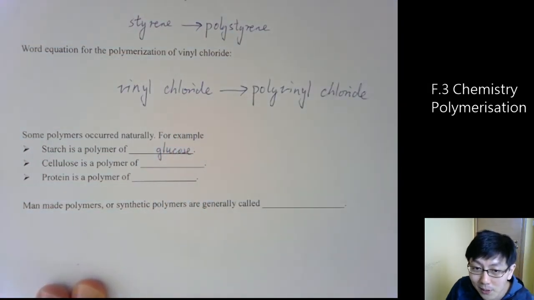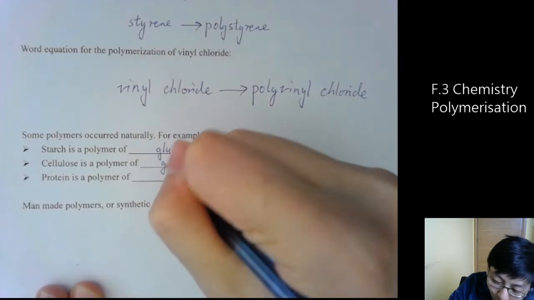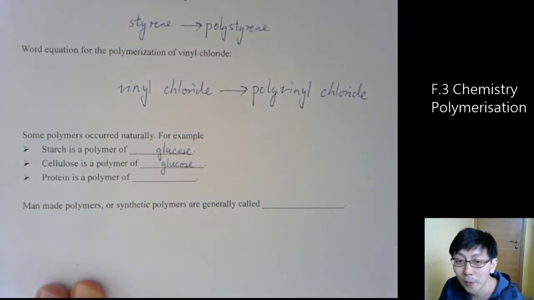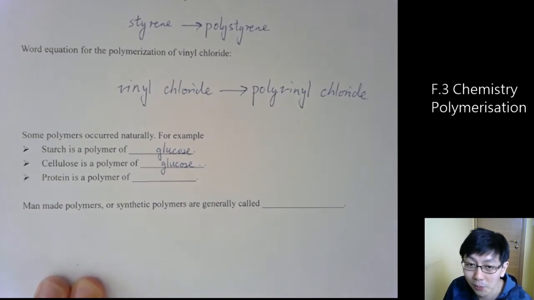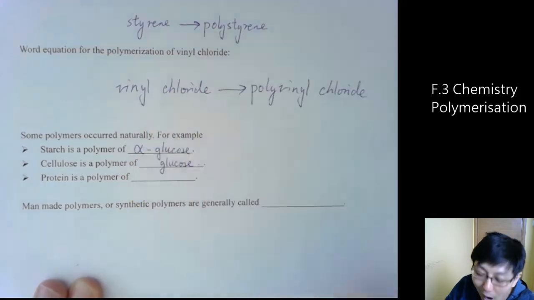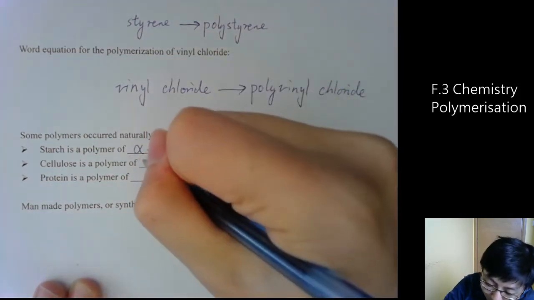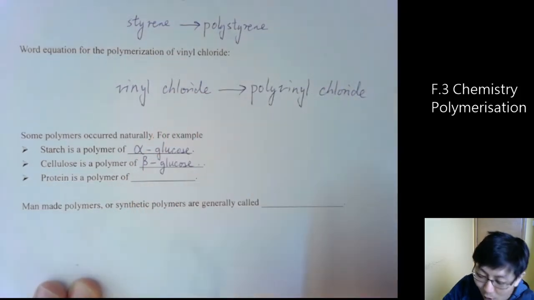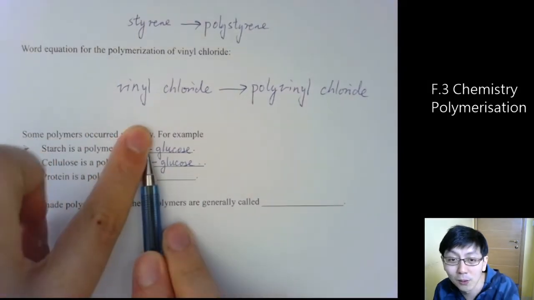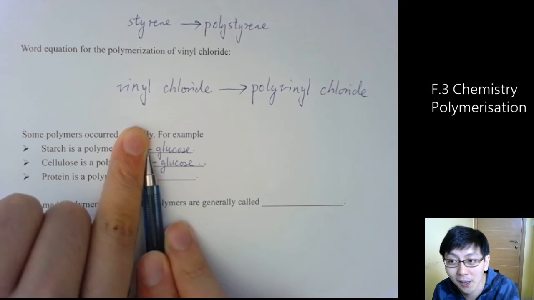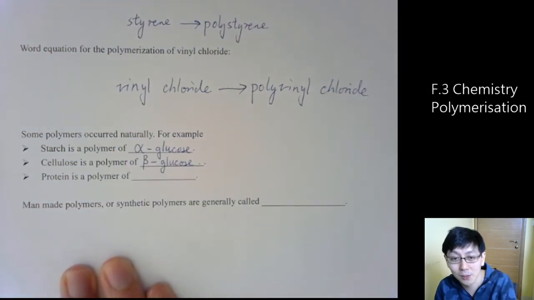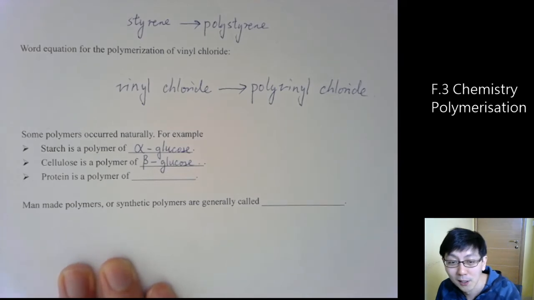How about cellulose? Cellulose is also a polymer of glucose. But if you study biochemistry at university, the glucose is slightly different. Starch is a polymer of alpha glucose. Cellulose is a polymer of beta glucose. But in Form 3, I just need you to know that they are polymers of glucose. Alpha and beta glucose are only studied in advanced chemistry, not even in DSE. How about protein?